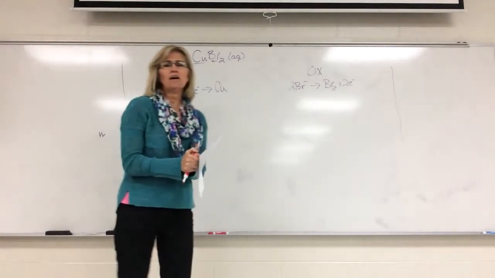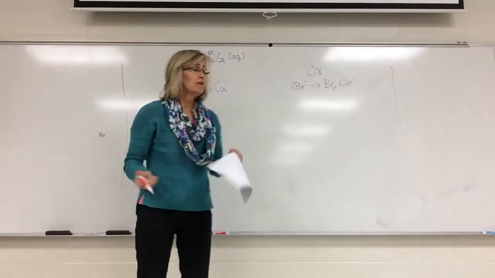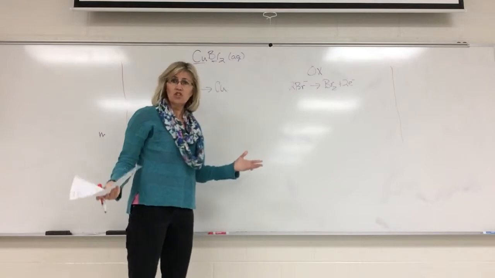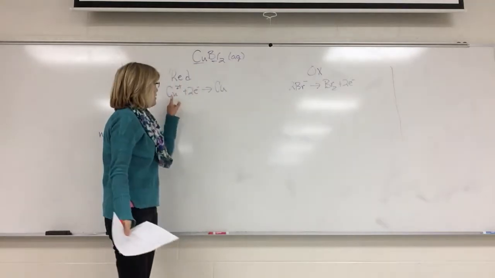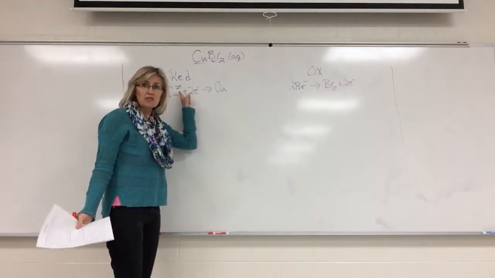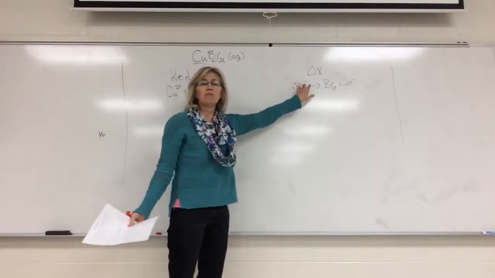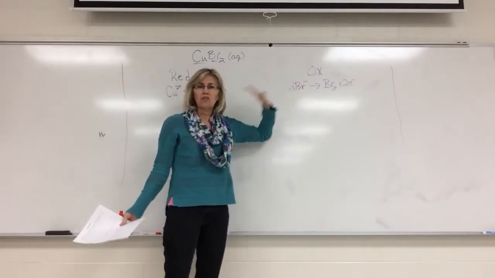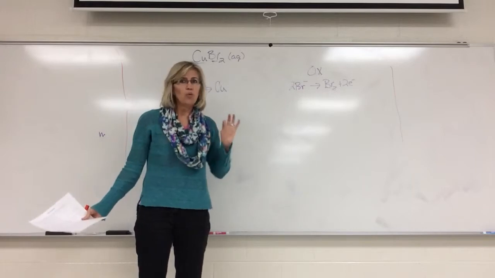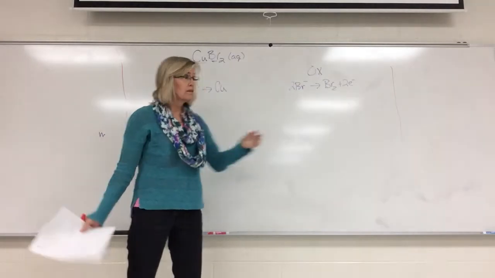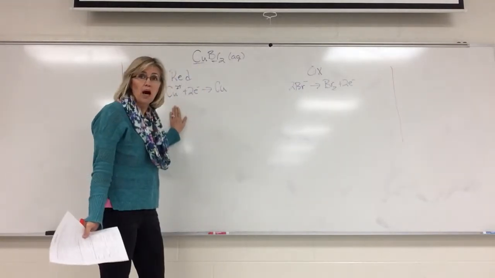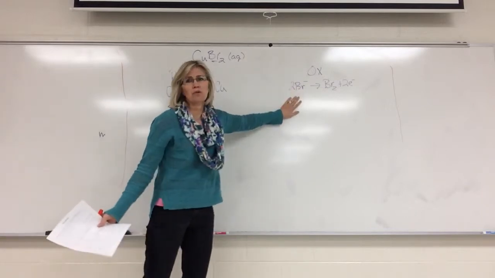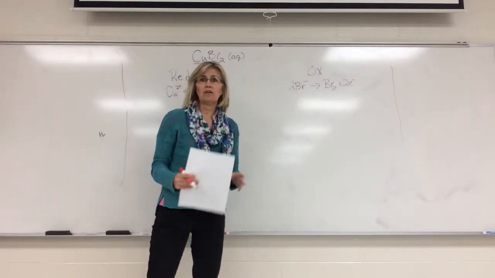All right? Because we have artificially charged electrodes. This positive will be attracted to the negative. This negative will be attracted to the positive. So it's important that you know which it should have done correctly, metals usually being oxidized and nonmetals usually being reduced, and then make it the opposite.